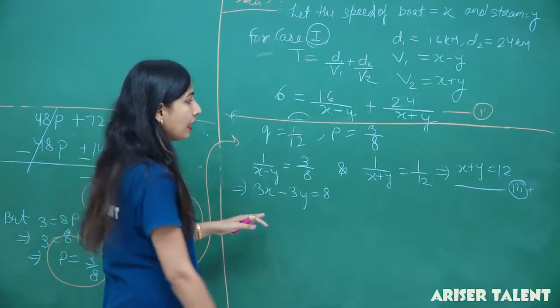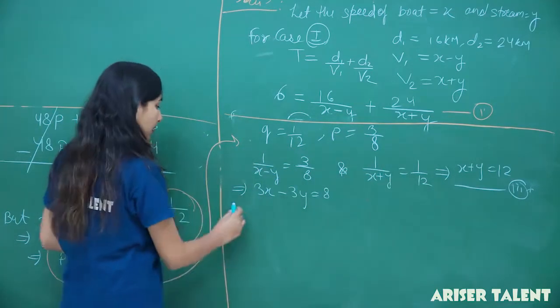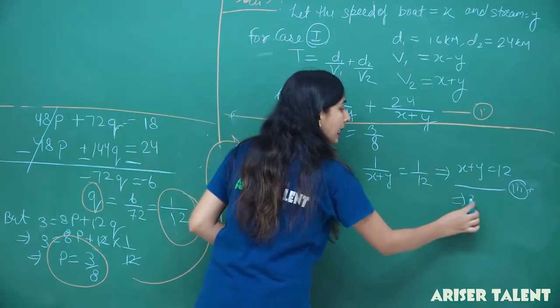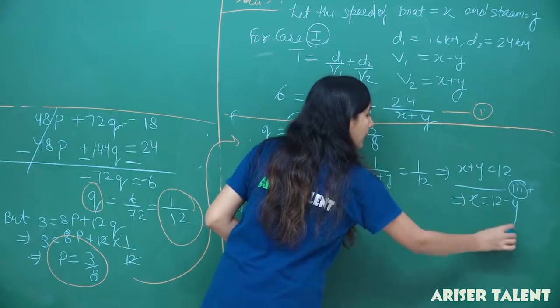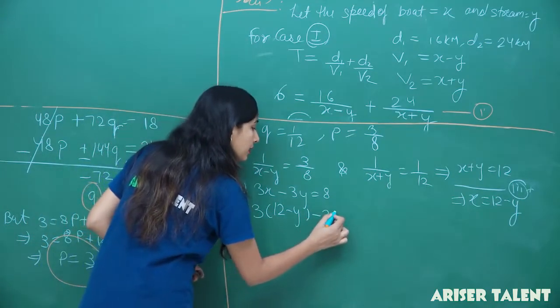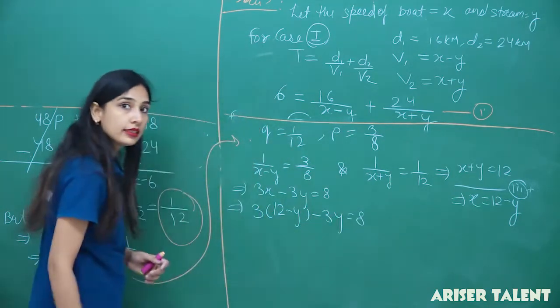So, can I put the value of x from there? This implies that 3 times the value of x from here, x equals 12 minus y. So, 3 into 12 minus y minus 3y equals 8, isn't it?